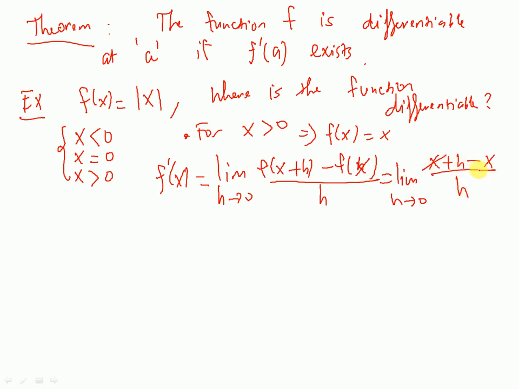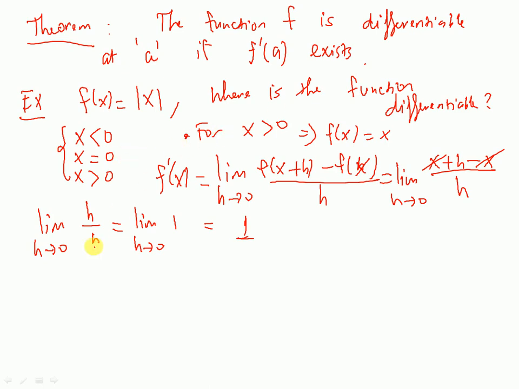So x and x are gone. We have the limit as h goes to 0 of h over h, or just 1. And the limit of a number is just that number, so 1. So when x is bigger than 0, the derivative of the function f is 1. So the limit exists.